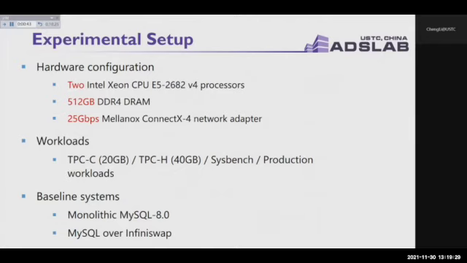The baselines we compare to are two. The first one is monolithic MySQL, which does not use resource disaggregation at all. We also run MySQL over InfiniSwap to act as a close baseline that exercises resource disaggregation. So here we will see some results.